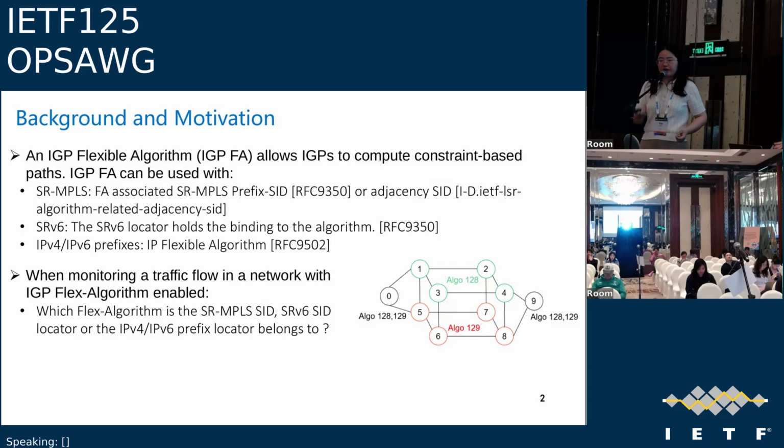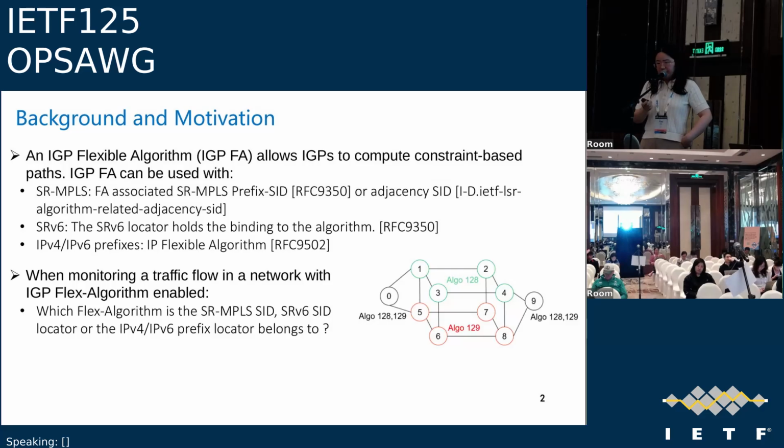IGP FA can be used with SR-MPLS, SRv6, and pure IPv6 prefixes, and they are all in existing RFCs and working group drafts. I believe IGP FA is also well deployed, and our network has deployed IGP FA.